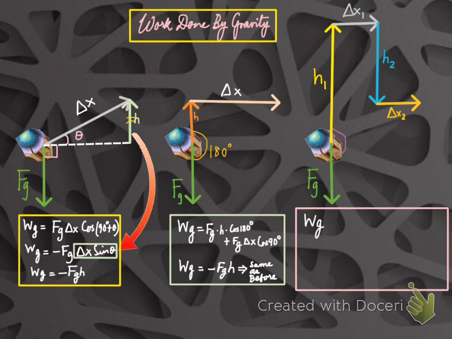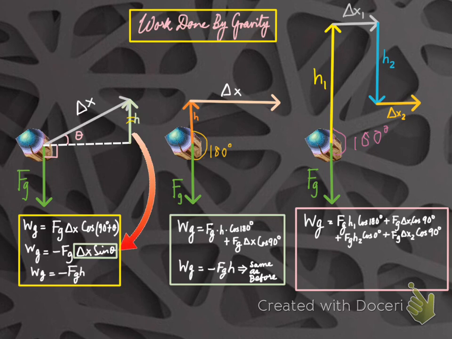Now this angle is 180 degrees. So the work done by gravity is going to be Fg times h1 times cos 180 degrees plus Fg times delta x1 times cos 90 degrees plus Fg times h2 times cos 0 degrees, because for the downward displacement, Fg and h2 have the same direction, plus Fg times delta x2 times cosine 90.